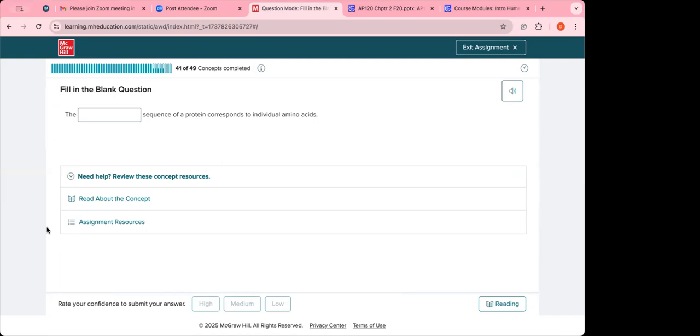And what is the... corresponds to... corresponds, okay hold on. Corresponds to individual amino acid.